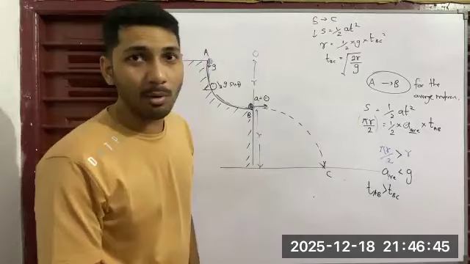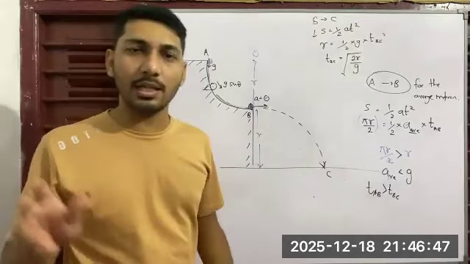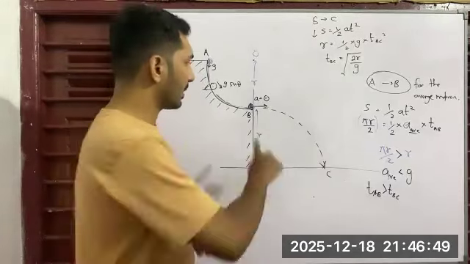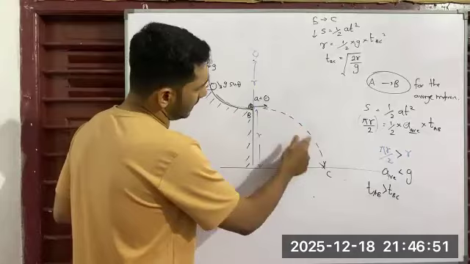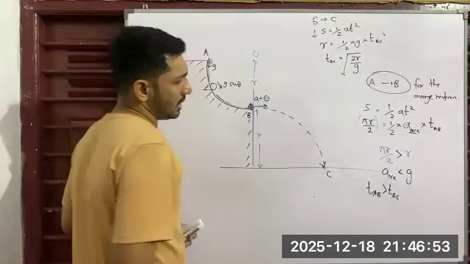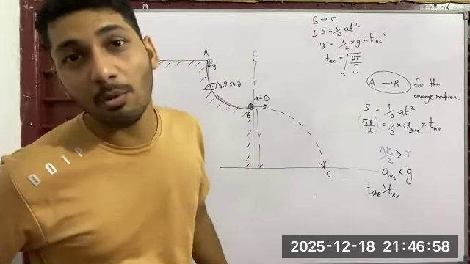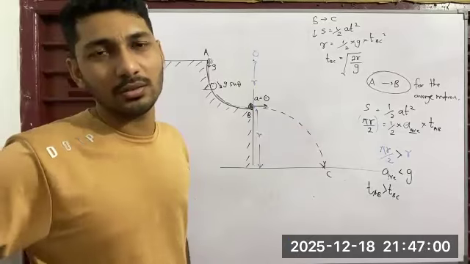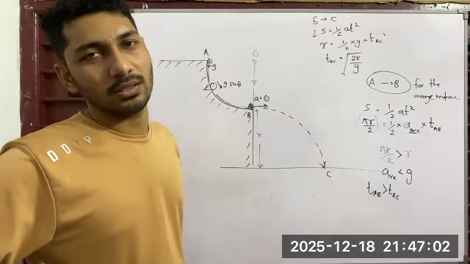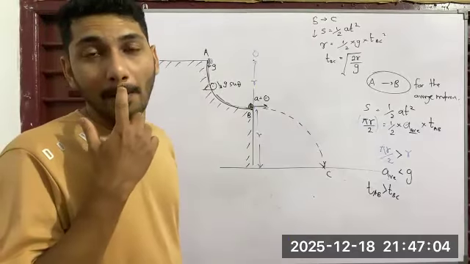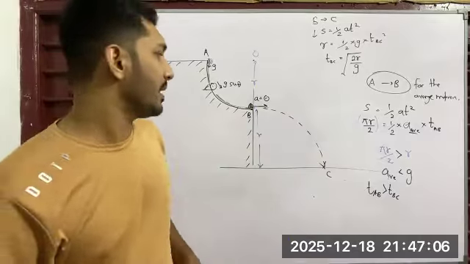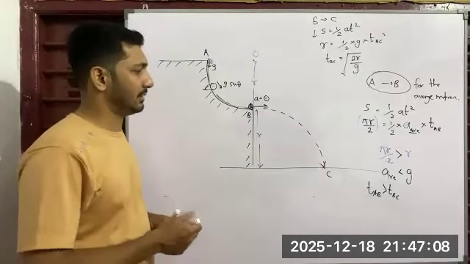It's a parabola. For a projectile motion, the shape is a parabolic shape. I don't know any equation to measure the length of a parabola. Do you know? And you don't need to actually. You have to just compare, right?